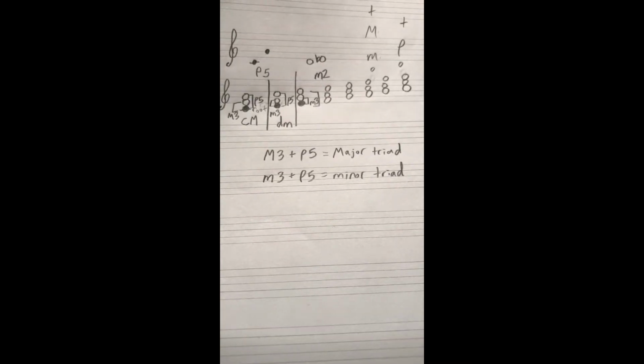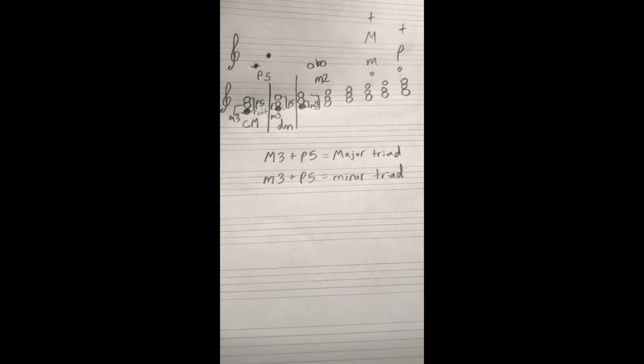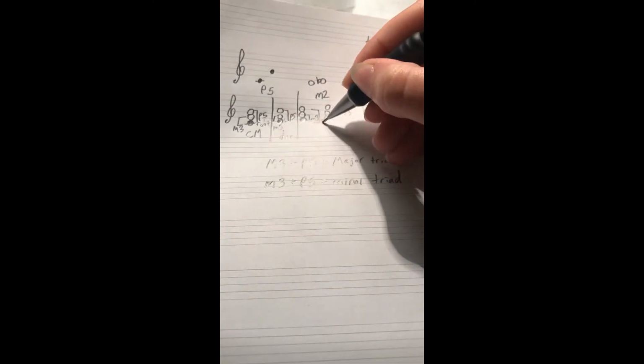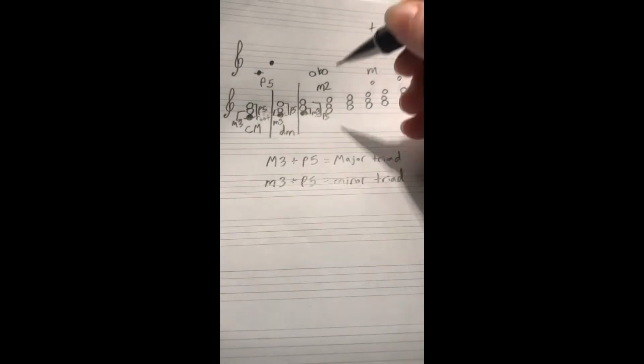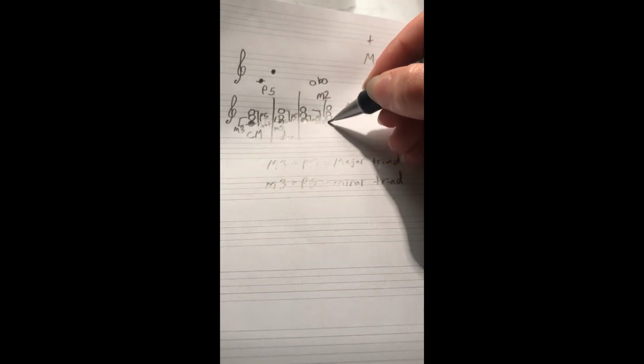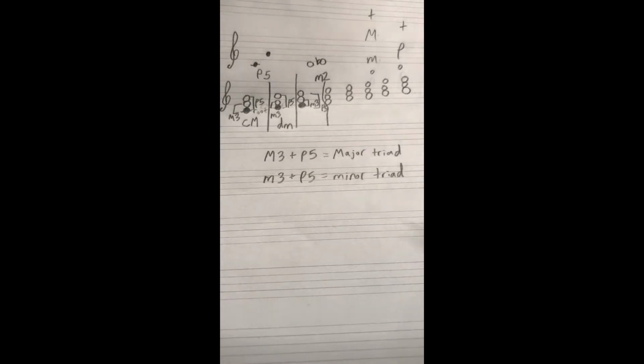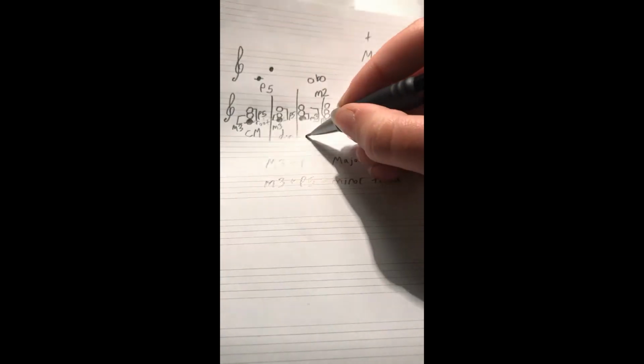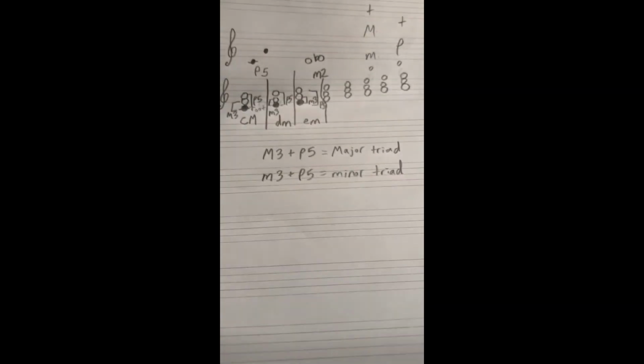You can go through all the sharps in your head, but I'll just tell you B should be natural. So that means it's going to be a perfect fifth. Minor third and perfect fifth means it's a minor triad, so it's going to be E minor.